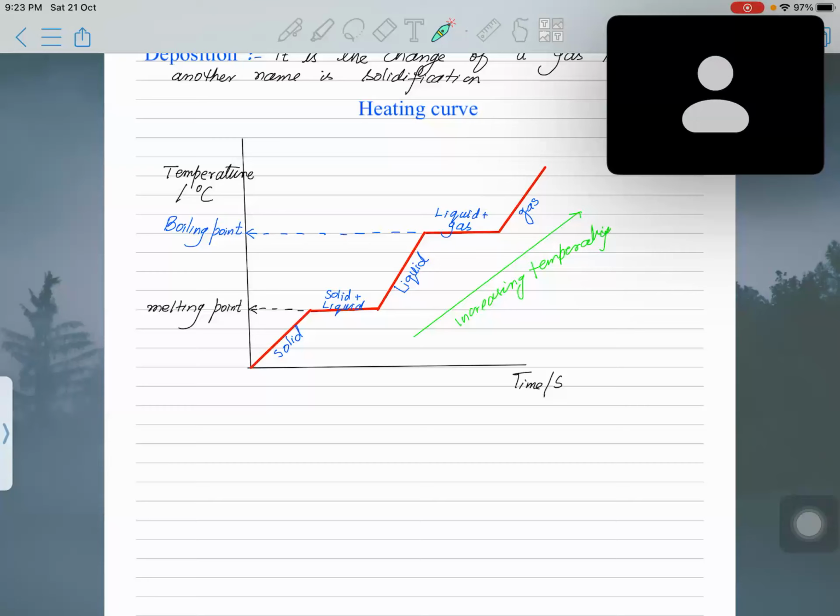This energy is utilized to convert the solid into liquid. This is called the first horizontal part.